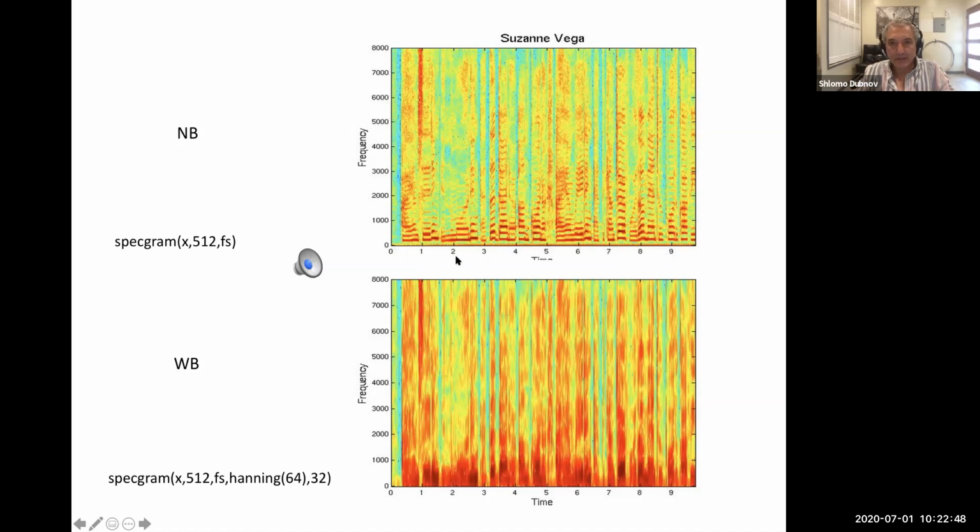So each vector here is an FFT. It will try to make up for the lack of phase by creating some kind of synthetic phase and then applying an inverse analysis, but it will also take into account the next frame. And if you look at the narrowband analysis, you can see how the frequencies change, and you can do something about the phase.